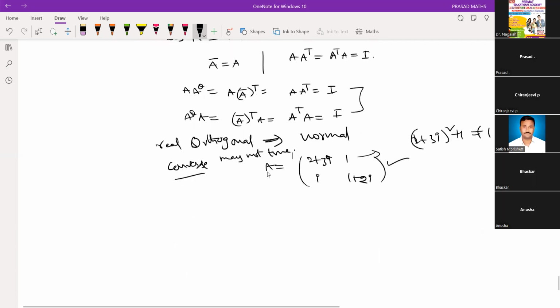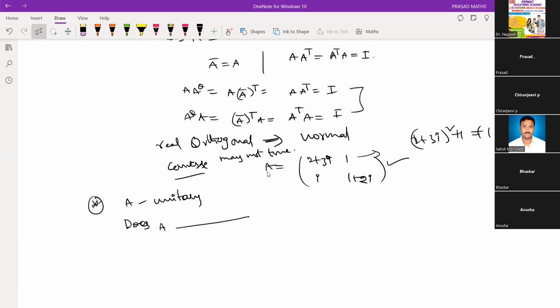Now look at unitary. If A is unitary, does it mean that A is normal? Yes, because A theta into A equals I, so it is always normal. Unitary is always normal.